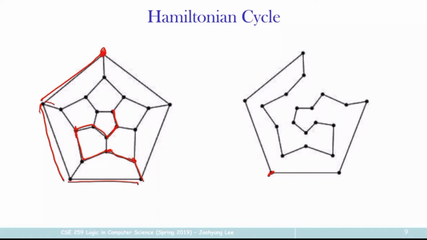But is it enough? If you just say a Hamiltonian cycle is a subgraph such that each vertex has only one incoming edge and one outgoing edge, are we done? It's not. What is the next condition that we have to cover? All points should be reached.